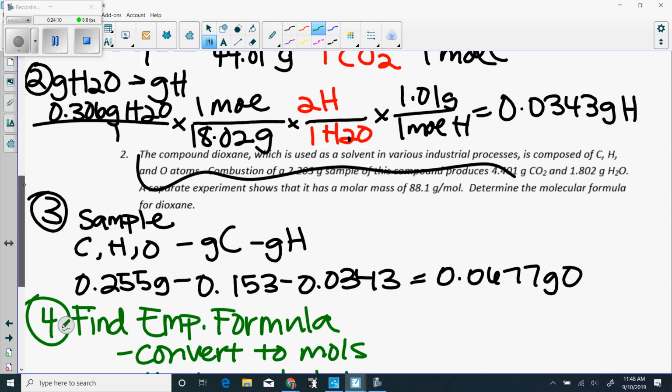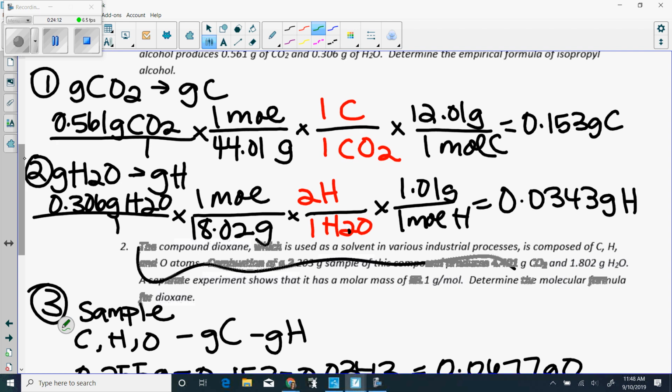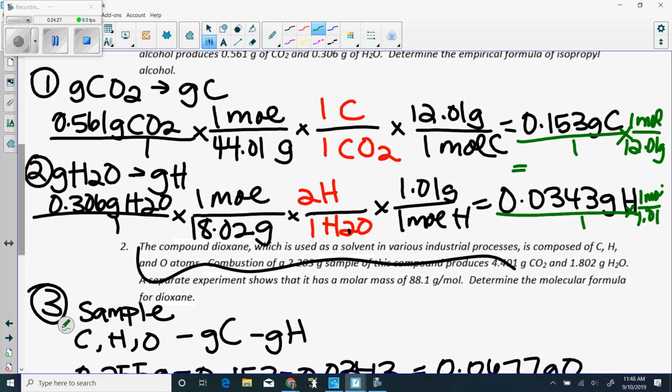Okay, so I'm going to go back up to my grams. 0.53 grams of carbon, turn it back into moles. 12.01 grams in 1 mole equals. Hydrogen, turn back into moles. 1.01 equals. Diatomic hydrogen is when it's by itself, not in a compound.